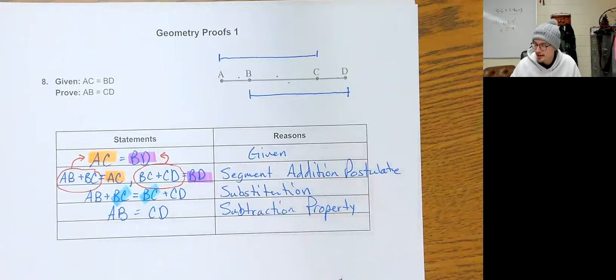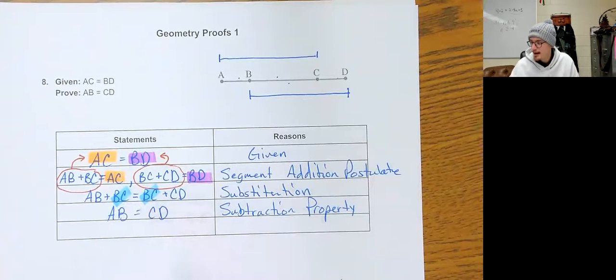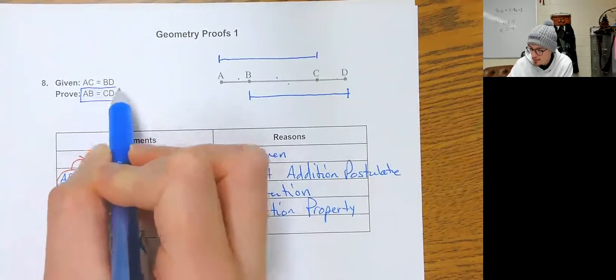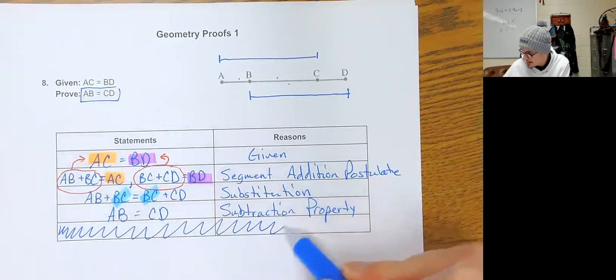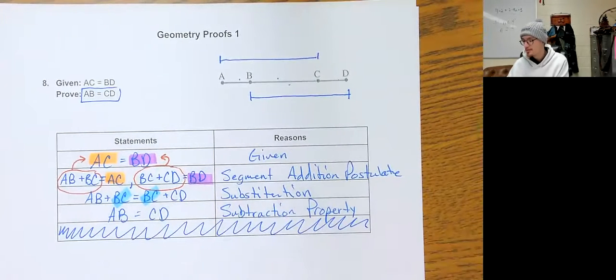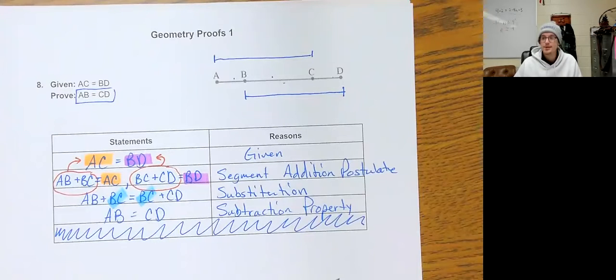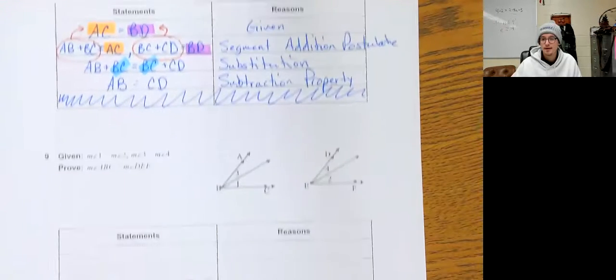Perfect. Subtraction property, subtracted off BC from both sides. I actually just proved what I was trying to prove. Let's get rid of this. Don't need it. Awesome. 4 steps. Perfect.